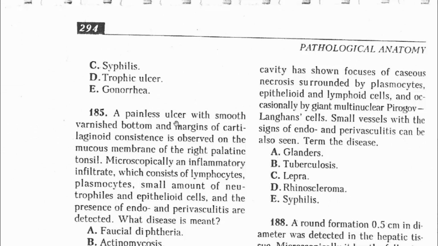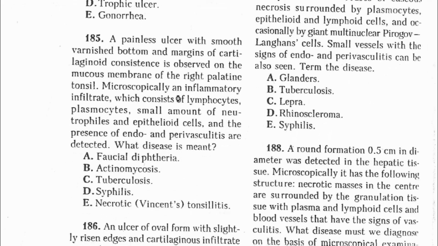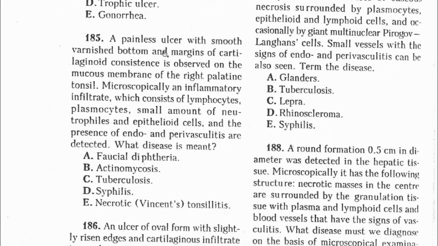Yeah, syphilis, because it's painless and there's an ulcer in the genital mucosa. 85. Painless ulcer with smooth varnished bottom and margins, the same as previous. So the answer should be what? Syphilis again. So it's D.